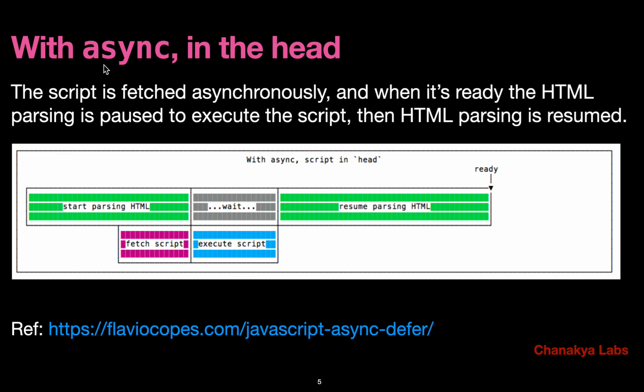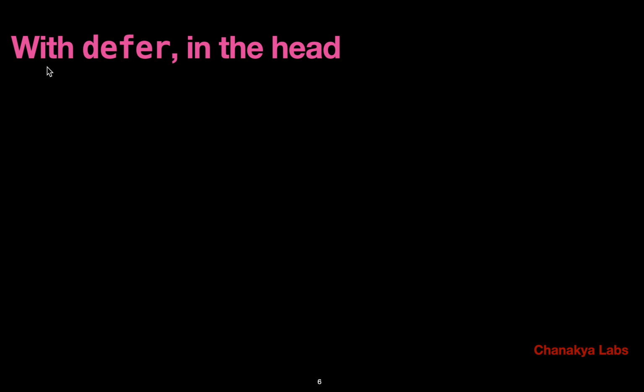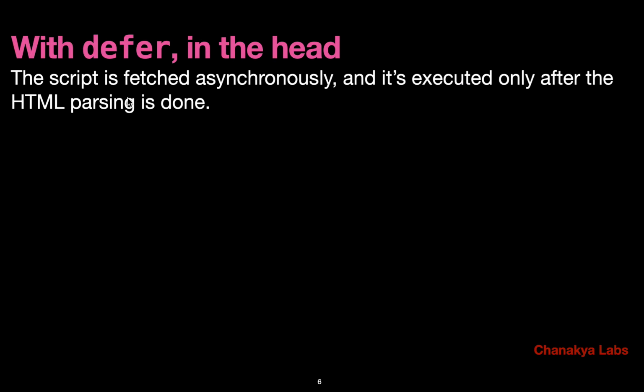So let's now see defer in head. When we use defer, the script is fetched asynchronously, and it is not executed immediately. We wait till the HTML parsing is done, and only then it's executed.